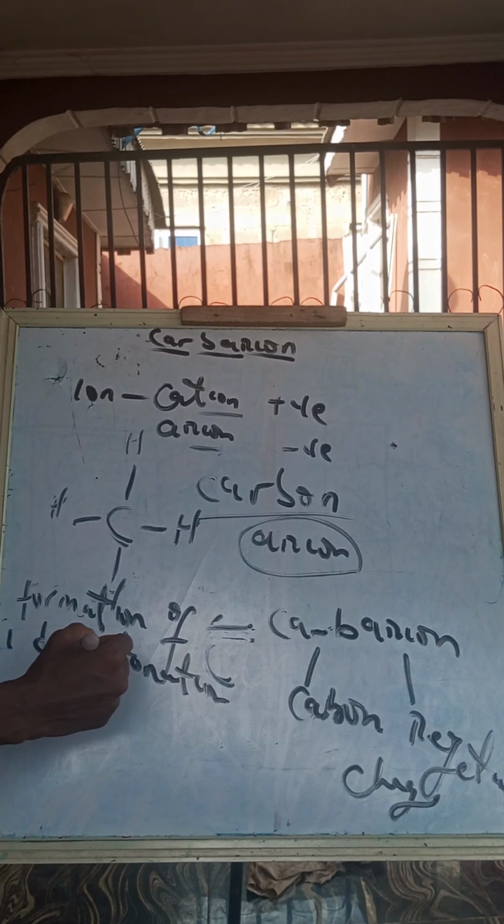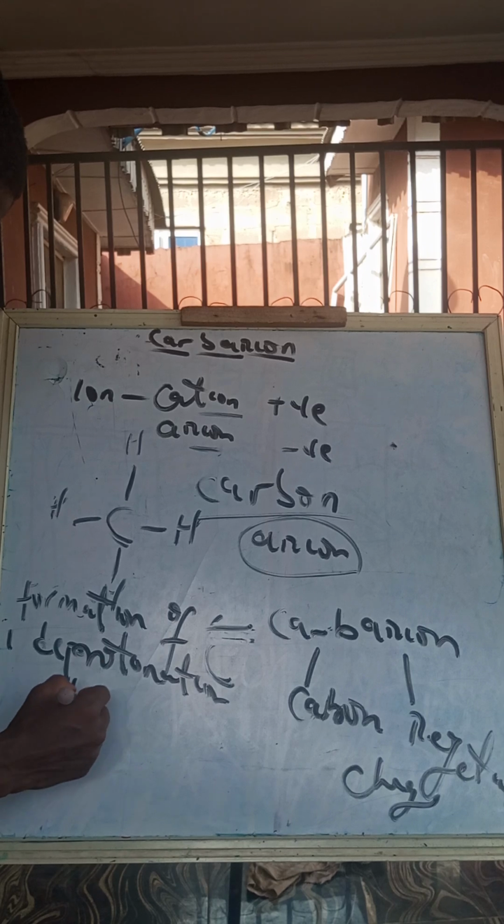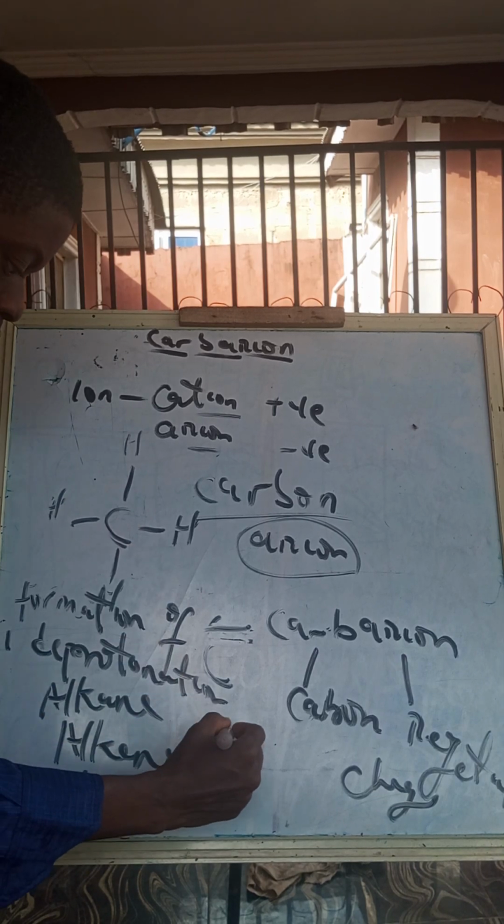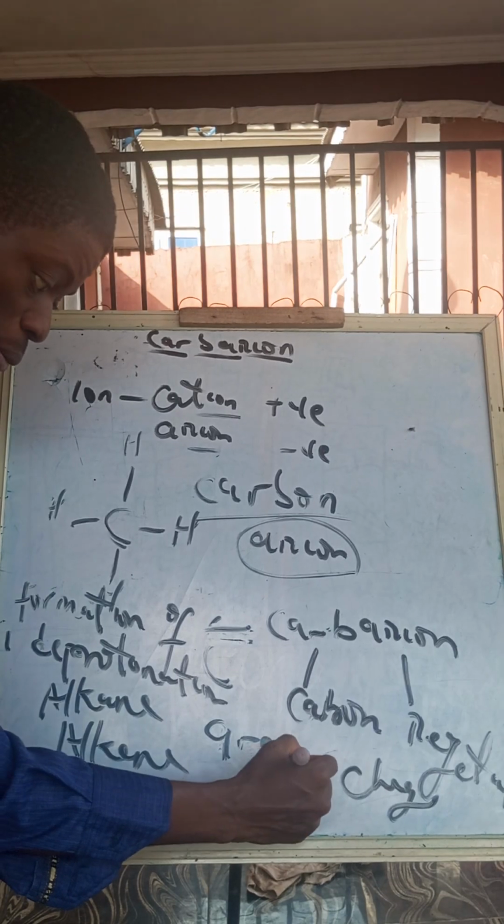The groups we can deprotonate are the alkanes, the alkenes, the alkynes, and so on. In simple terms, carbanions can be formed through deprotonation of our alkanes and alkenes. Even our arenes can be deprotonated to form carbanions.